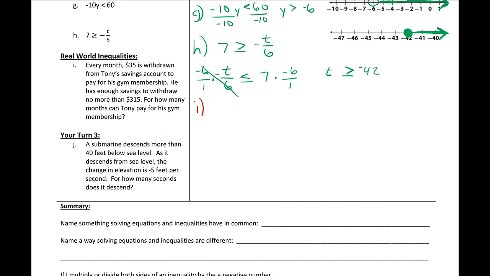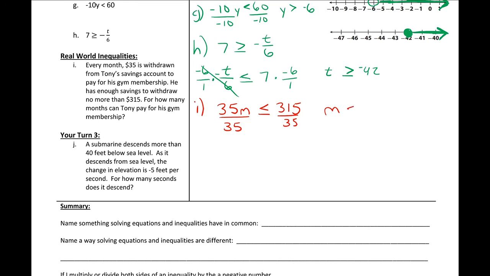So we go back here. He withdraws $35 per month, and it has to be less than or equal to $315. Okay, so to solve this, we'll divide both sides by 35.